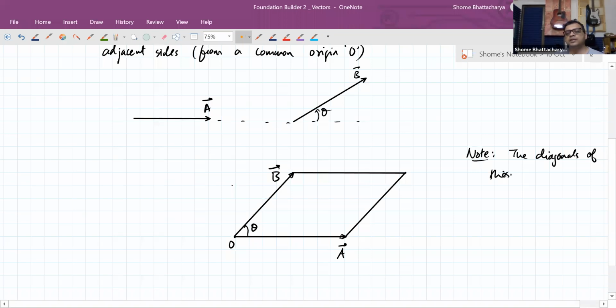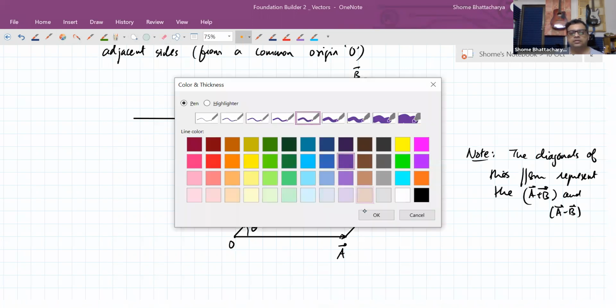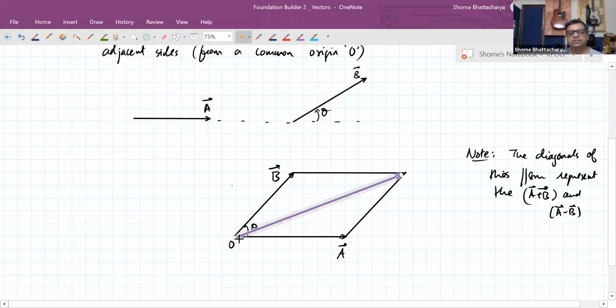The diagonals of this parallelogram represent the vector sum A plus B, and the vector difference A minus B, such that if we draw the vector as the diagonal from the origin to the opposite side, okay, so this is the first of the two diagonals.